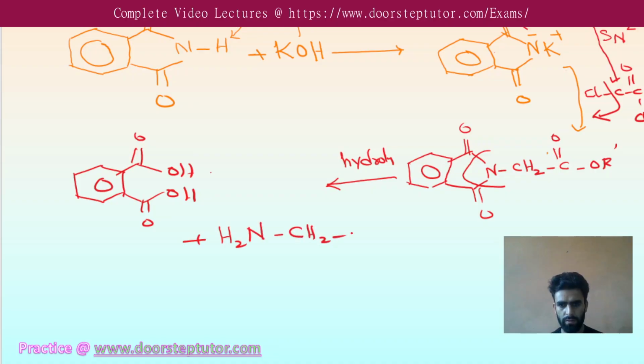CH2 here, we have C double bond O, and we have here OH. Plus there is a removal of an alcoholic group. So this is how the amino acids are generated.